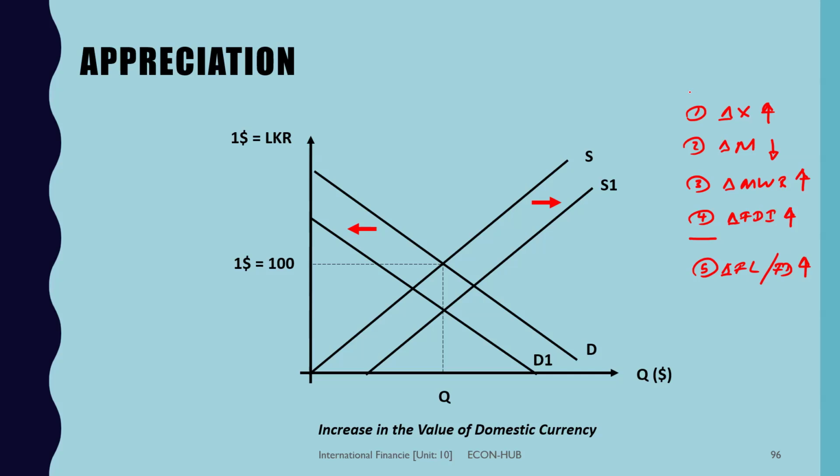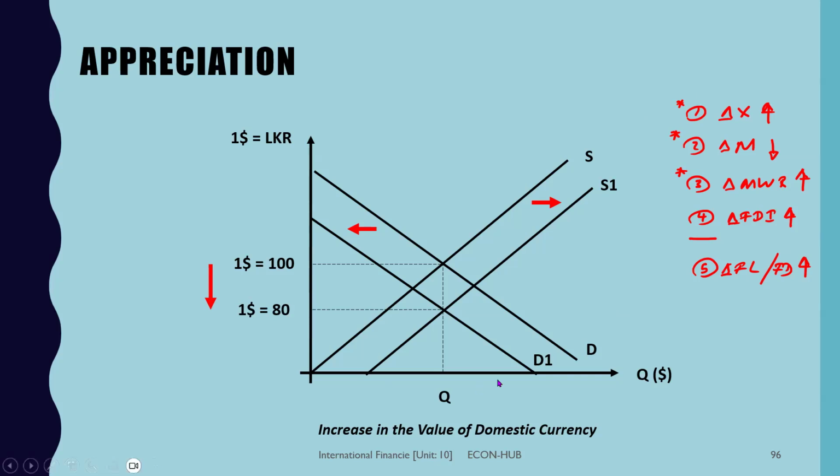Mainly I would identify the first three as the fundamental reasons for appreciation to happen. Supply of US dollars increasing, demand decreasing, and the exchange rate will appreciate, meaning we will have to pay fewer rupees to buy a dollar or get more dollars for a rupee.